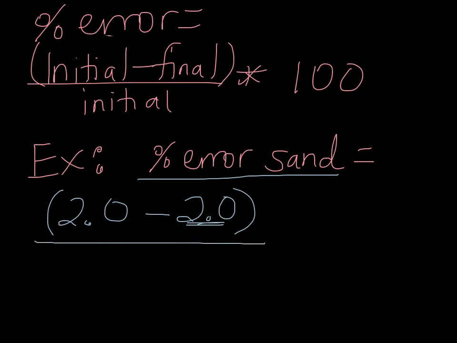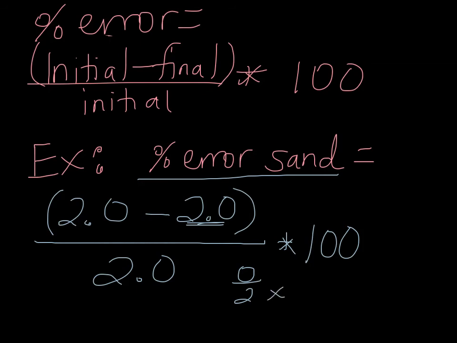Divide that by the initial, which again was 2.0. So whatever this number is, I'm going to multiply that by 100. So if you do 2 minus 2, that's going to get you 0. 0 divided by 2 is just going to give me another 0. Multiply that by 100. So I'm very lucky, my percent error is very, very small. Some of you may have a larger percent error, and that is okay.